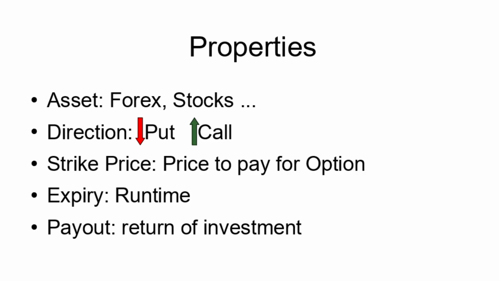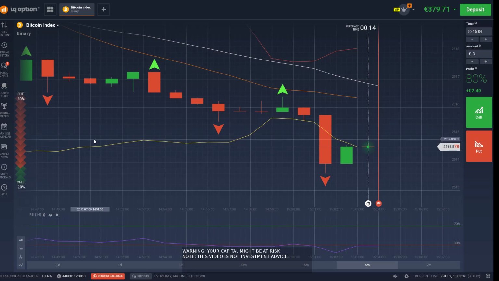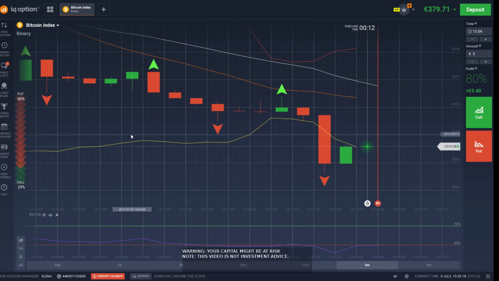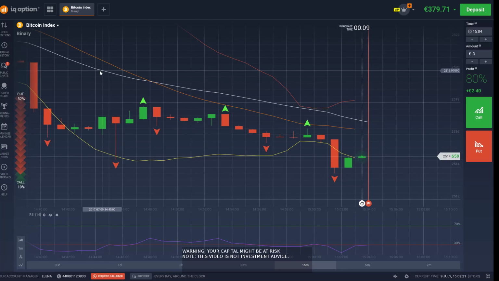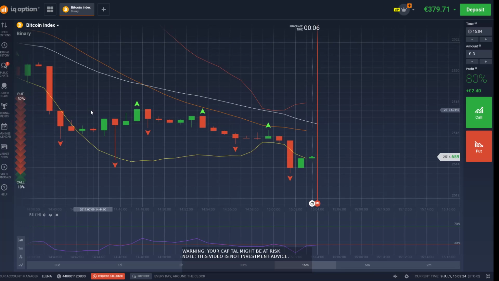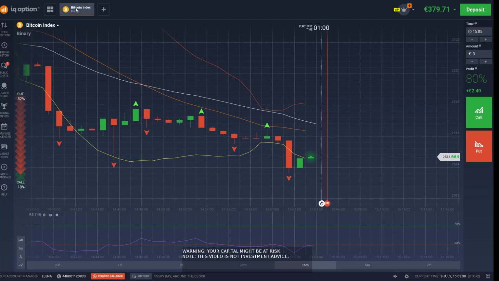Okay, so let's jump into a little example. Here we see the IQ Options platform, and because it's the weekend now, we can only trade the Bitcoin index. So the asset currently would be the Bitcoin index.